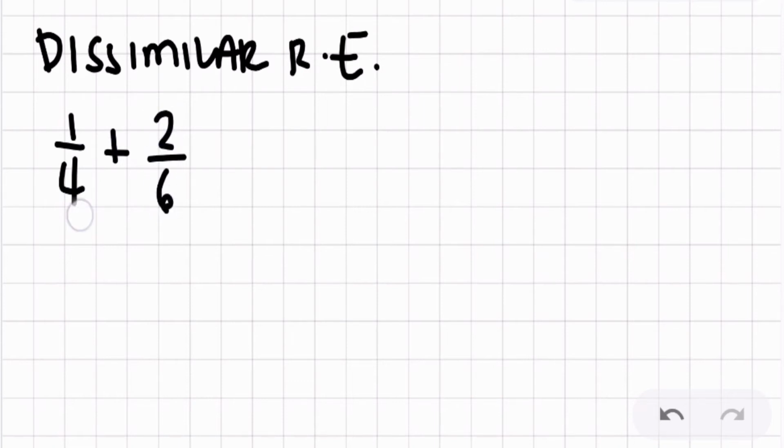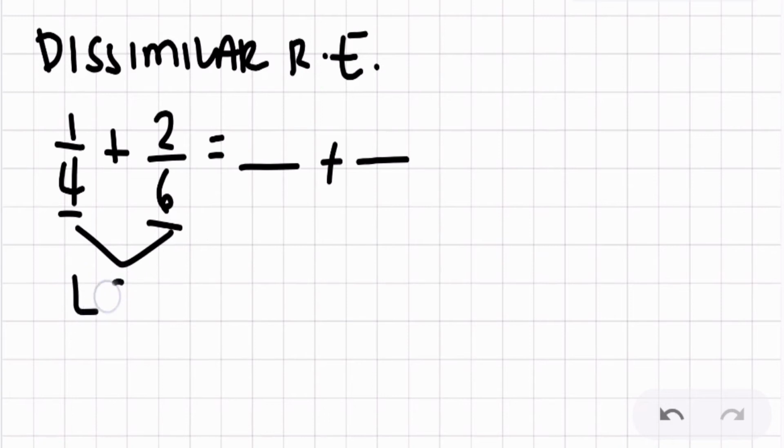Now if we encounter dissimilar fractions, we need to make them similar, and to do that, we need to find out the LCD. So we need to get the LCM of 4 and 6 to know this LCD.